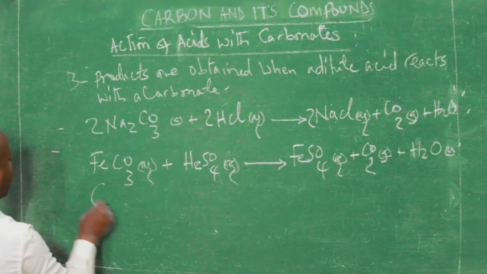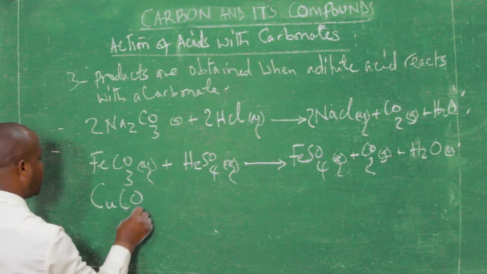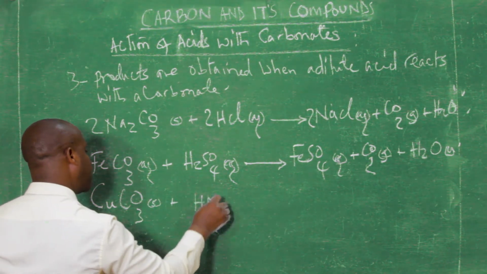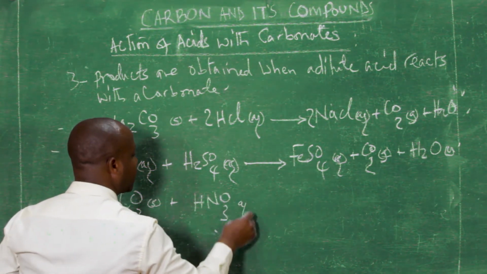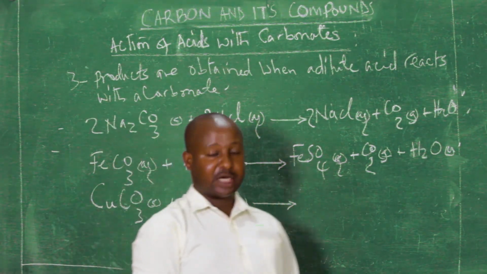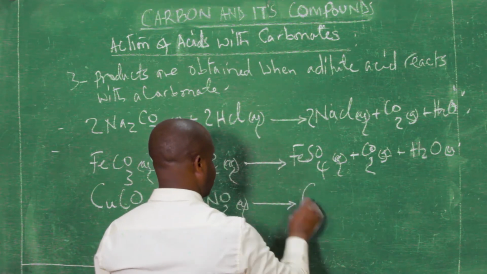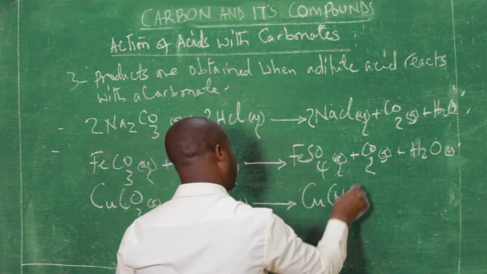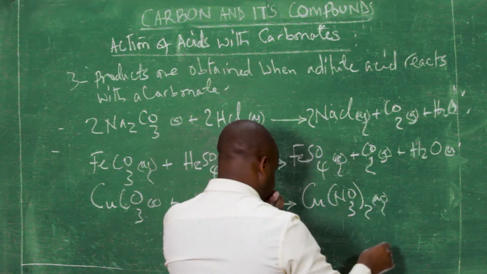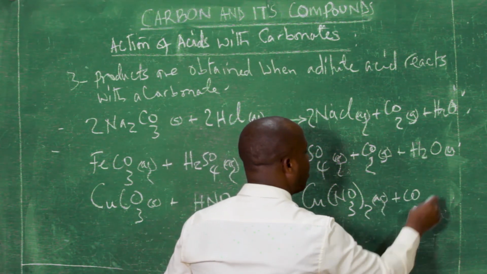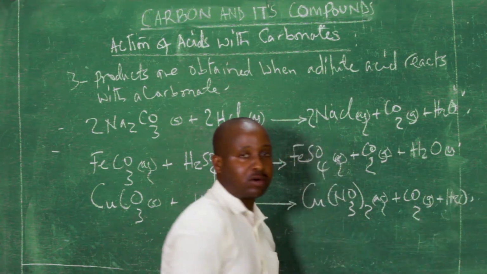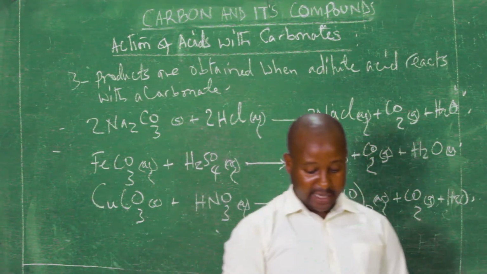When copper carbonate reacts with dilute nitric acid, we shall get copper nitrate plus 1 mole of carbon dioxide gas and 1 mole of water in a liquid state.